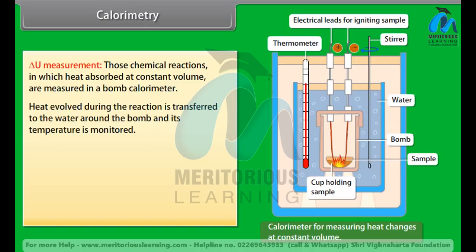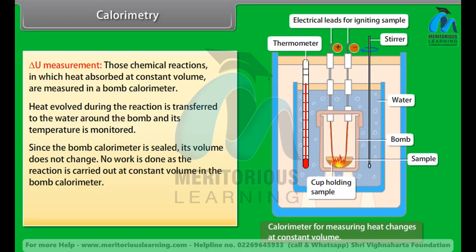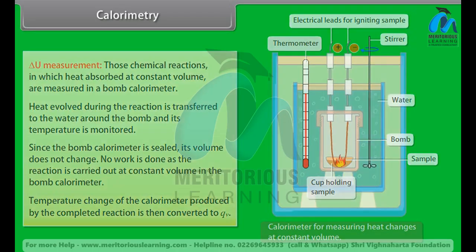Heat evolved during the reaction is transferred to the water around the bomb and its temperature is monitored. Since the bomb calorimeter is sealed, its volume does not change. No work is done as the reaction is carried out at constant volume in the bomb calorimeter. Temperature change of the calorimeter produced by the completed reaction is then converted to Qv.